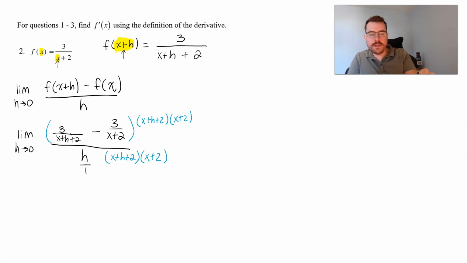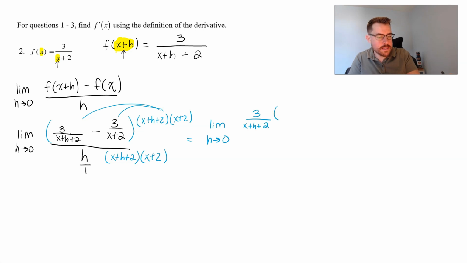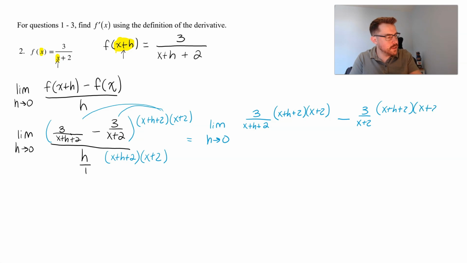Okay, now we have to distribute that to both terms here on top. So let's continue on. So now this is becoming the limit as h goes to 0 of 3 over x plus h plus 2 times x plus h plus 2 times x plus 2 minus 3 over x plus 2 times x plus h plus 2 times x plus 2.